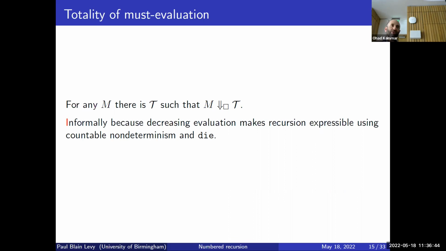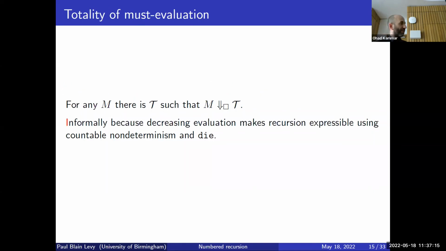Non-deterministic choice in itself is not going to cause divergence, right? If I just take lambda calculus and add countable non-determinism, that's not going to cause anything to run forever. So it's just the usual argument why evaluation of lambda calculus terminates. So it's not at all surprising that the decreasing interpreter is always going to terminate, and that makes must evaluation a total relation.